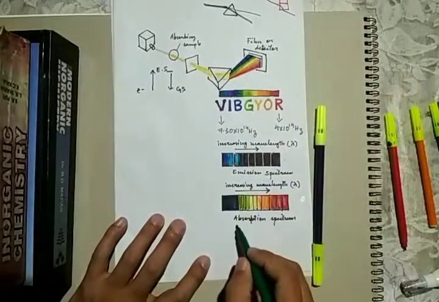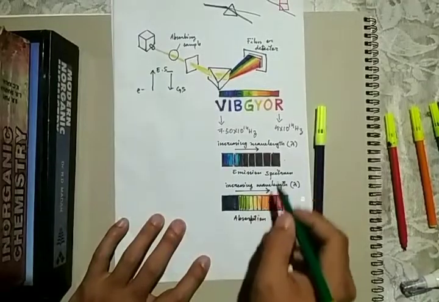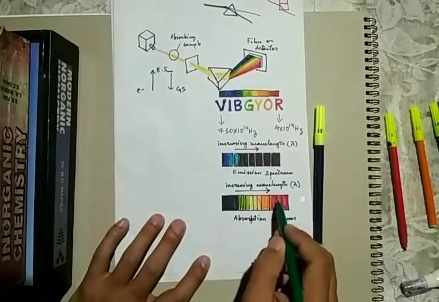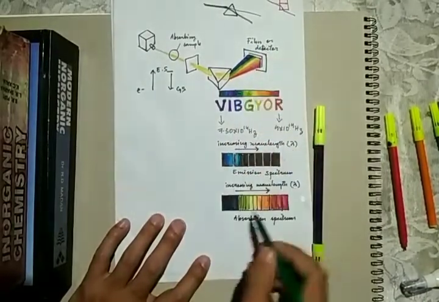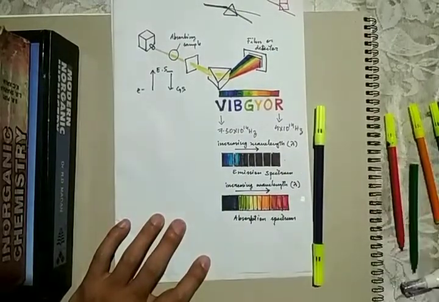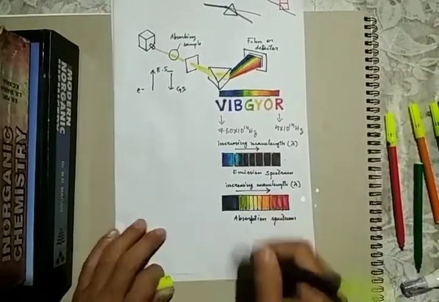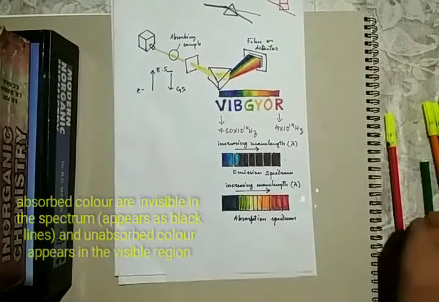The absorption spectrum will give these colors on a film, and as you can see, some black lines.